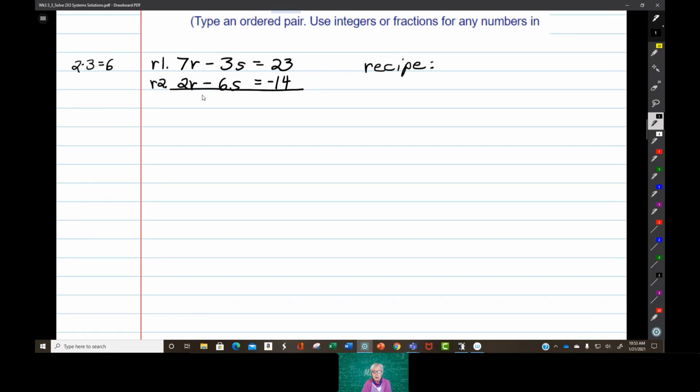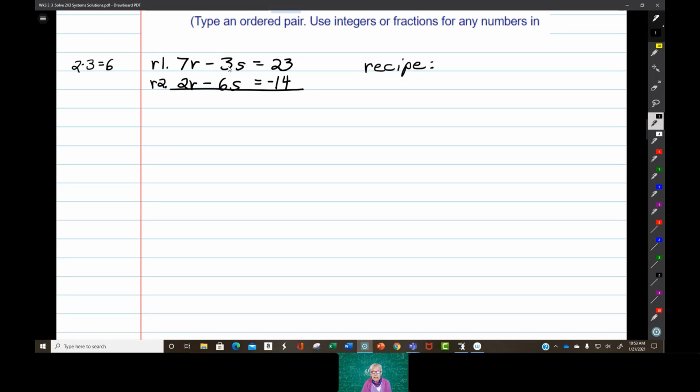So forgetting the signs for a minute, 2 times 3 is 6. All I would have to do is multiply this line by 2 to get a 6 there. It's not going to be quite that simple, but close. I want to be able to say 6 minus 6. But that's not going to work here.